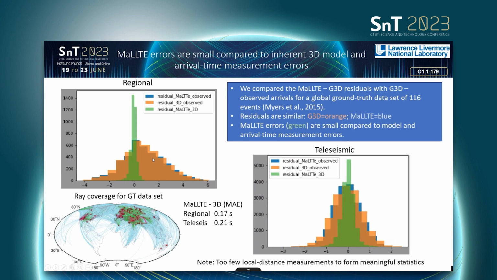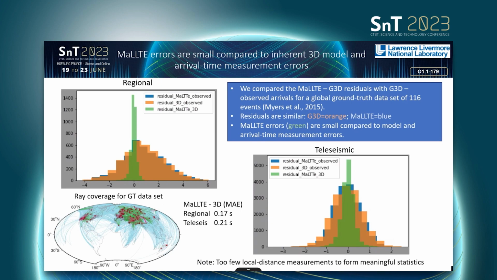The orange curve, or the blue curve, is the residual of the MALT travel time against this ground truth data set. The blue is using the full 3D model, and then the green just shows our estimate of the MALT 3D error. So the important thing here is that the residual distribution is almost exactly the same, regardless of whether you do the full physics or whether you use the machine learning.